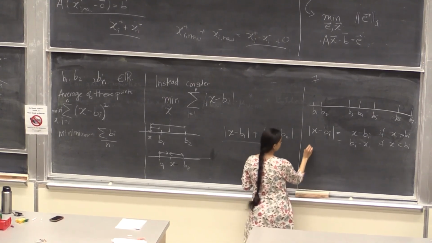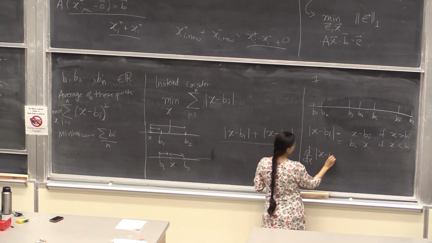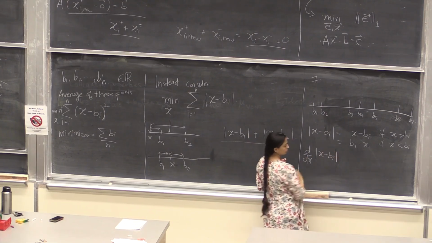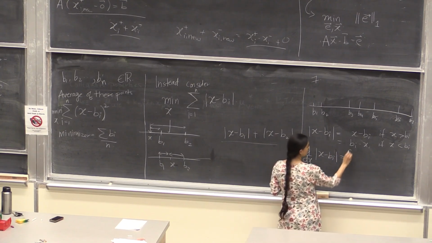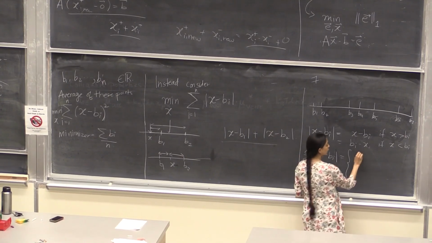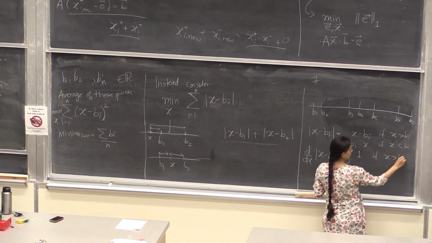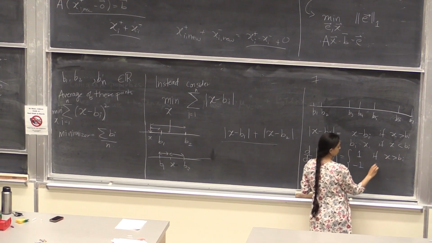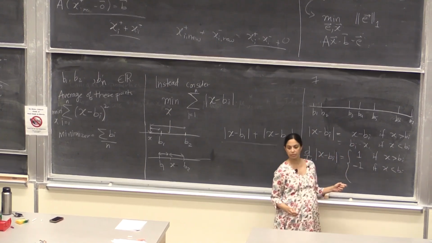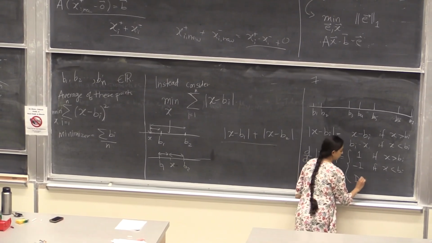So if I think about the derivative, d by dx, of the absolute value of x minus bi, what is this thing equal to? It is equal to 1 if x is greater than bi, equal to minus 1 if x is less than bi. And what about if x is equal to bi? Does not exist, right?